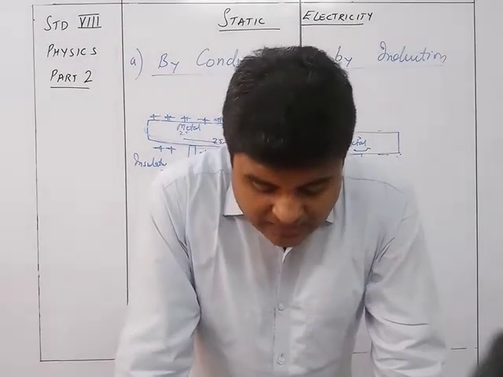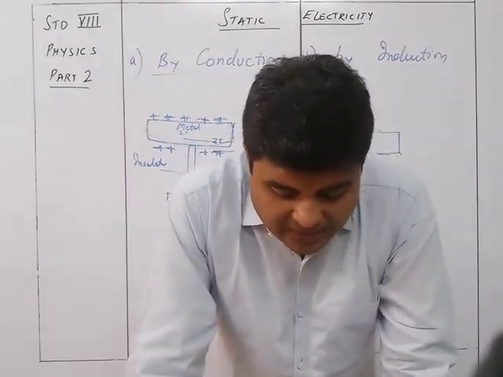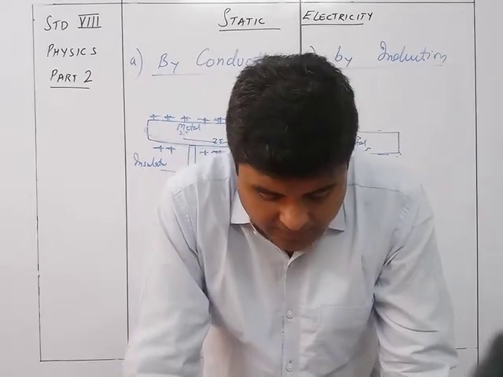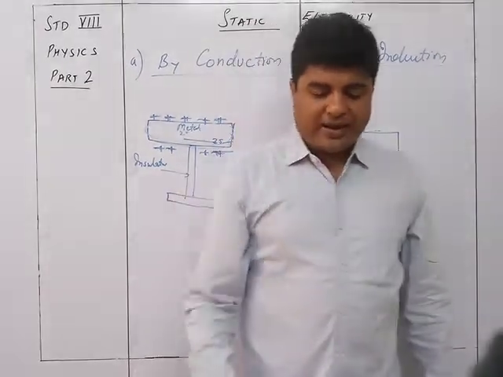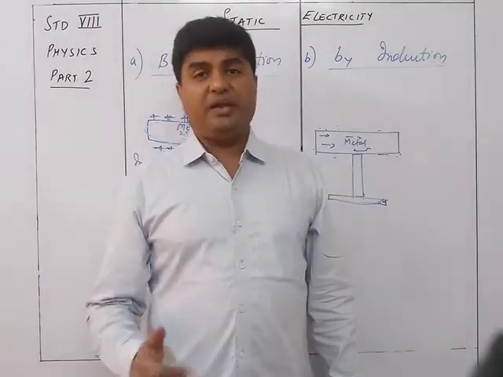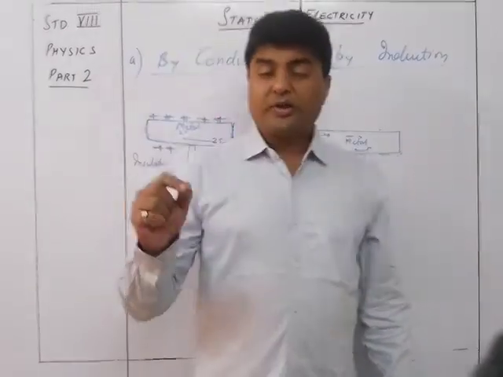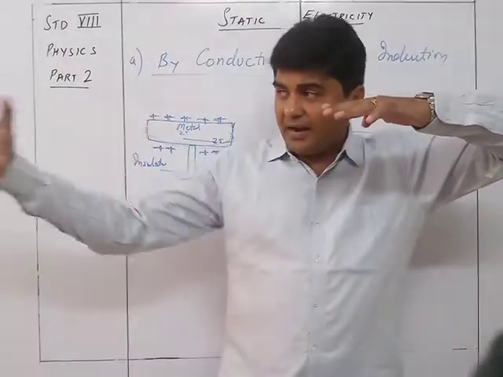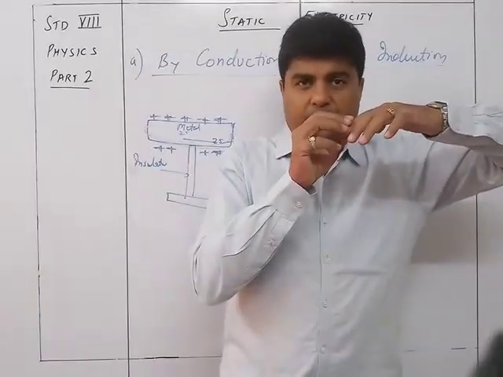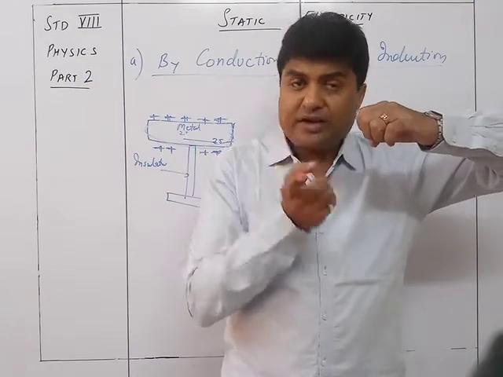So explanation wise, the positively charged glass rod B attracts the free electrons of the metal rod A. Therefore, the free electrons of the rod A move from the end Q towards the end P. So, because the positively charged rod has come over there, the free electrons which are present here are attracted towards this place over here. Okay? But they are not touching, so they cannot jump over.